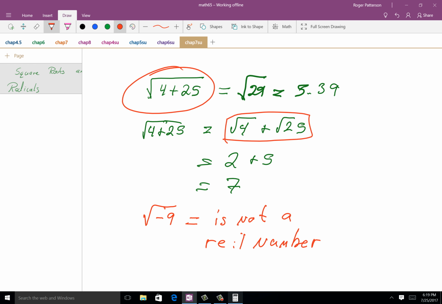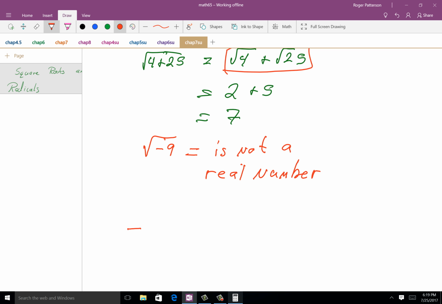So that's what they're saying here, that the square root of negative 9 is not a real number. There is another number system that deals with those, but we're not going to have to worry about that for a while. I think that only comes up in 95. I don't think it comes up in here, but I believe it comes up in 95. Okay. So, you can't take the square root of a negative number. All right.